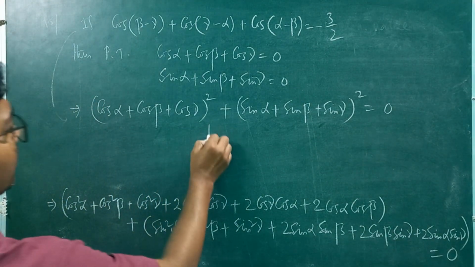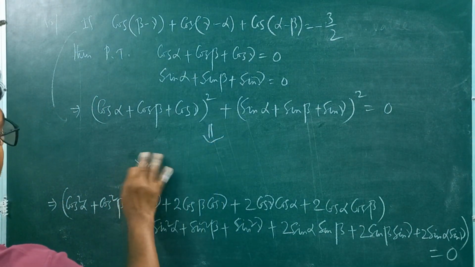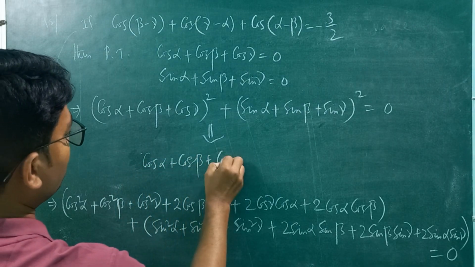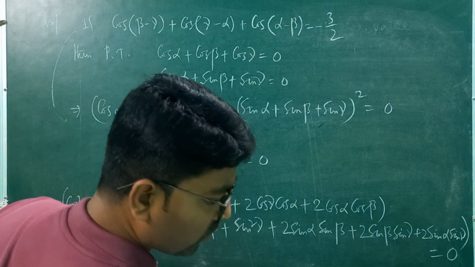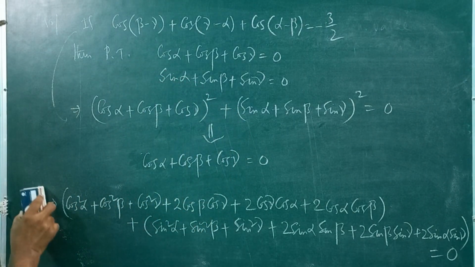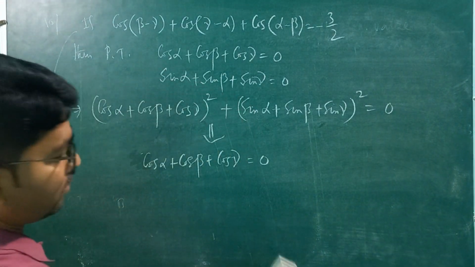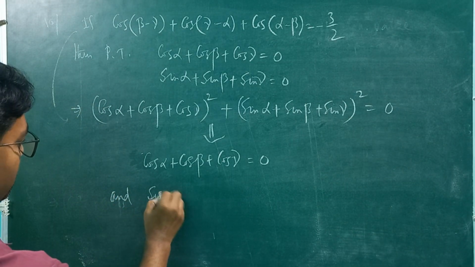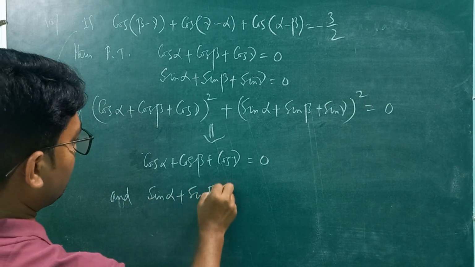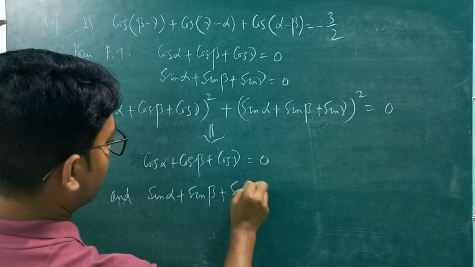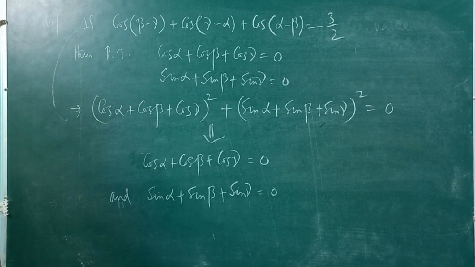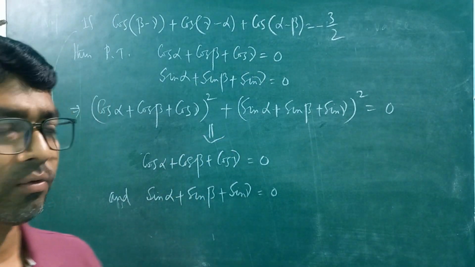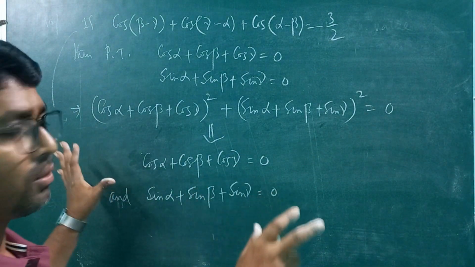That is, from this relation we can easily say cos alpha plus cos beta plus cos gamma equals 0, and sin alpha plus sin beta plus sin gamma equals 0. That is our required result. This is a very lengthy structure, but if you understand the technique, it's not very tough.